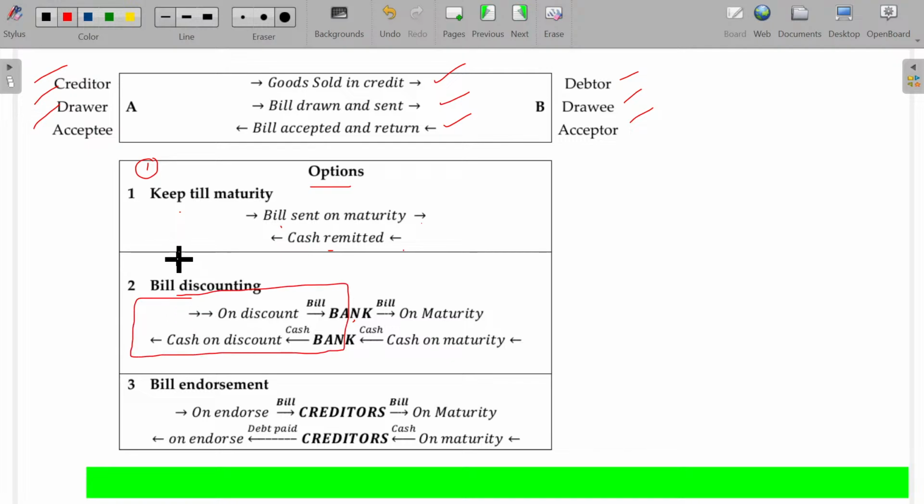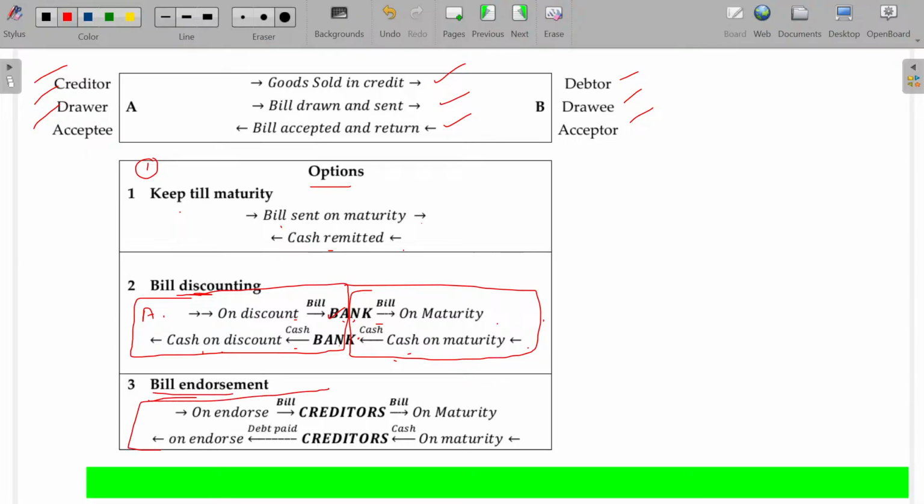So A gives this bill to the bank and gets the cash, and later on the bank, on maturity, gives it to B and gets the cash. Two parts are there. I am handing over to the banker, this process is called discounting, and I am getting the cash. And the banker will give the bill later on maturity to B and encash it. The third option is bill endorsed.